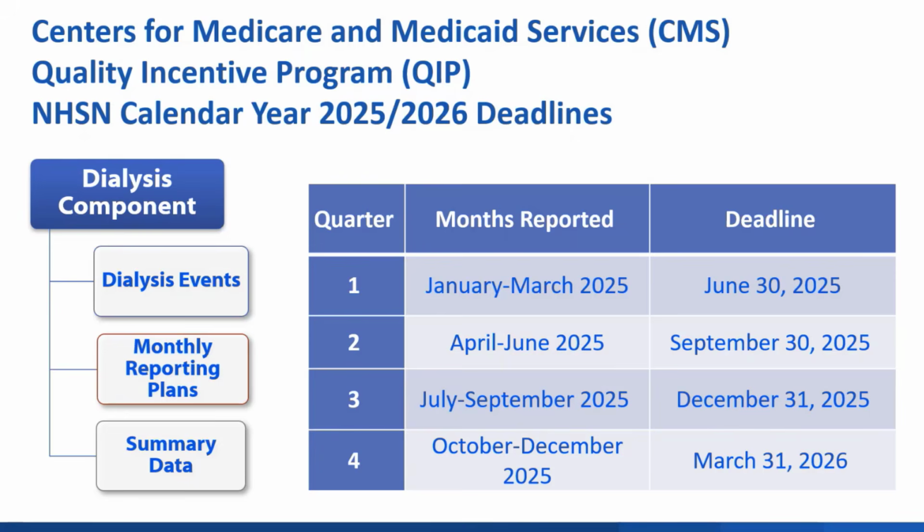That was June 30th, 2025. For Q2, which is April through June, the next deadline will be September 30th, 2025. For quarter 3, July through September 2025, that is due December 31st, 2025. And for October through December 2025, which is Q4, that is due March 31st, 2026.